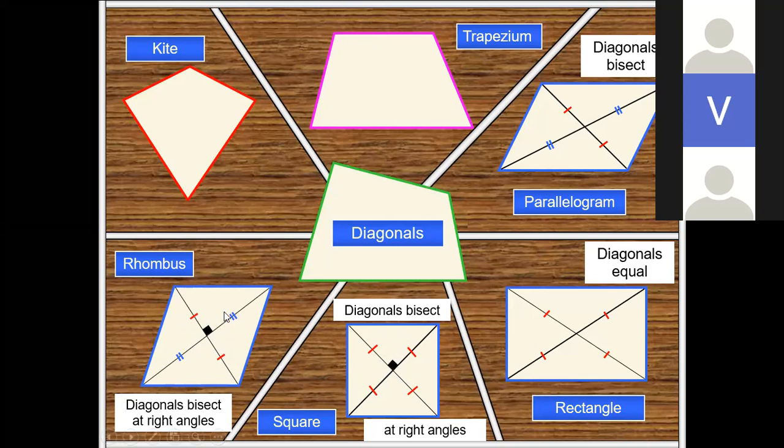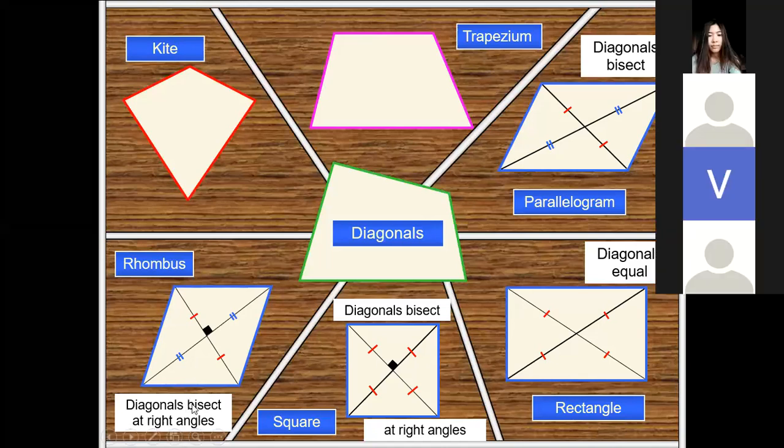Pero si rhombus, hindi magkamukha yung kanyang diagonals. Sino lang ang mayroong magkamukhang diagonals? Only square and rectangle. Si square at si rectangle, the diagonals are equal. Si parallelogram at si rhombus, diagonals are not equal but they bisect one another. At si rhombus, naka-form ng right angle katulad ni square yung kanyang intersection.